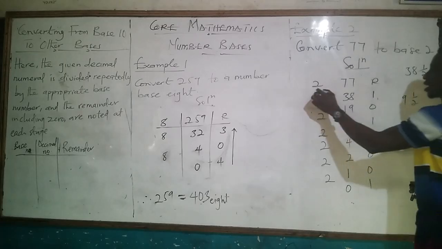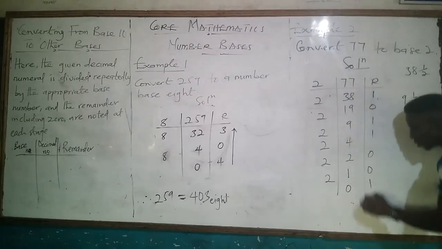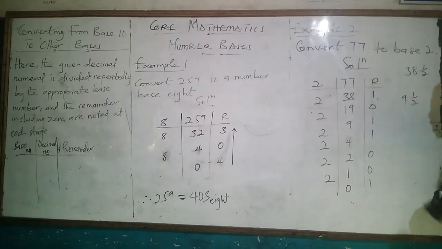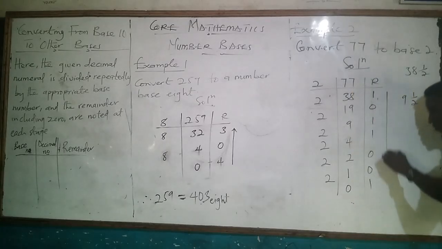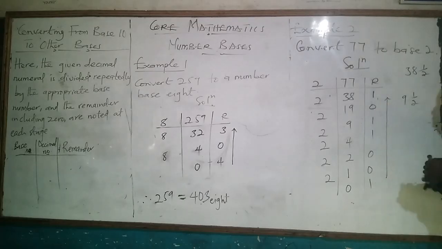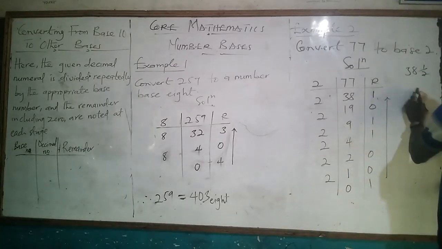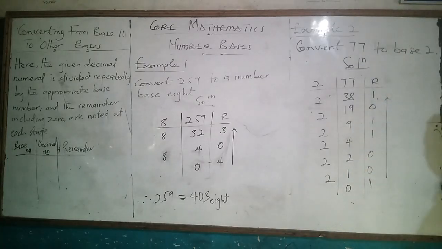Okay. So then I can now create my columns. Good. Then I give my arrow, meaning I'm reading from the down to the top.